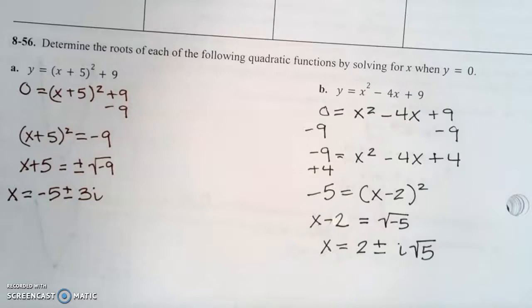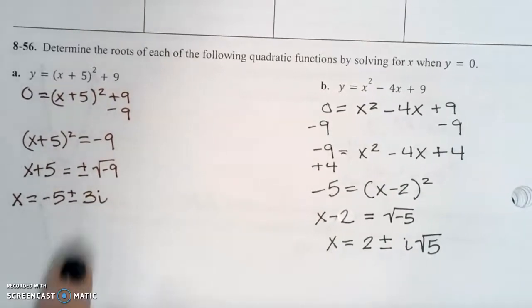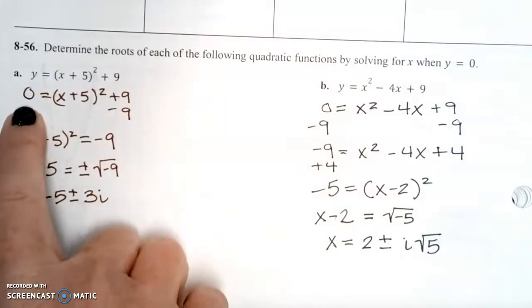Question number 56 says, determine the roots of each of the following quadratic functions by solving for x when y is equal to 0. So this is just putting what you know about imaginary numbers into practical use. Okay, so if we have an equation, we're going to set it equal to 0.